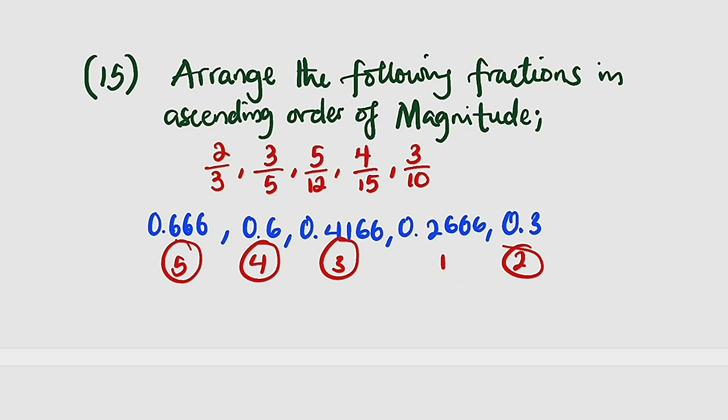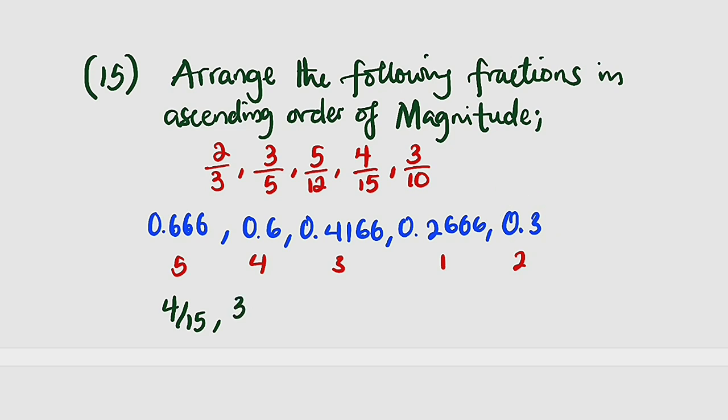and this. So to arrange this in ascending order, we are going to start with this one, which is second to the last fraction, which is what? 4 divided by 15. So we have 4 divided by 15, followed by number 2, which is this one, 3 divided by 10.